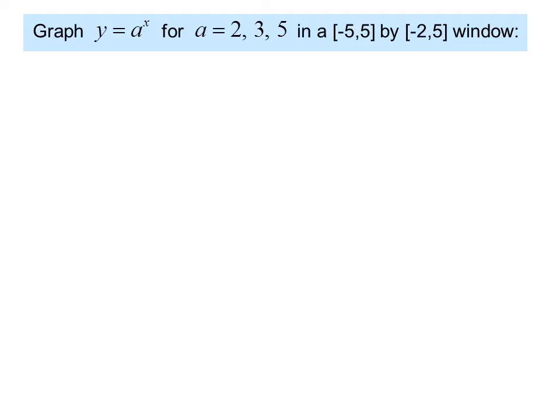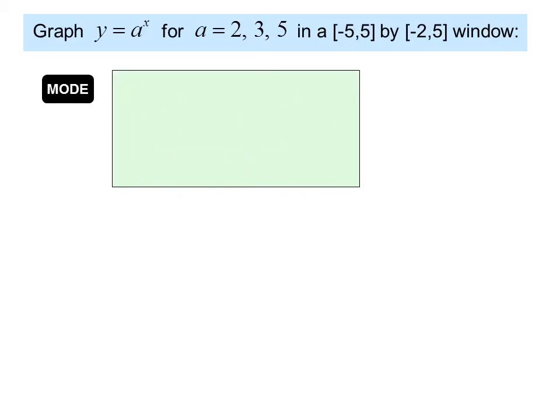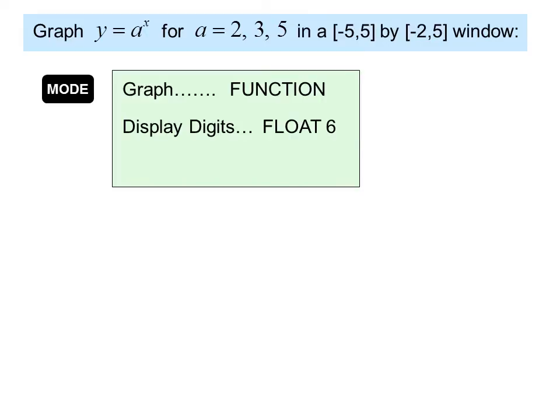Graph y equals a to the x for a equals 2, 3, and 5 in a -5 to 5 by -2 to 5 window. We press Mode, Graph, Function, and we change the display digits to float 6 if it's not already, and the angle to radians.